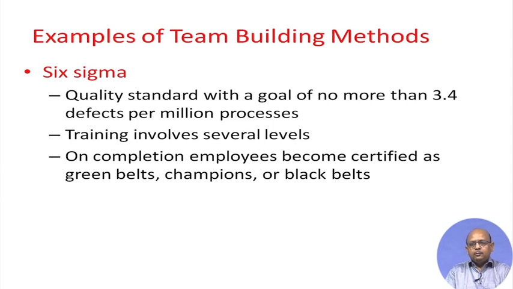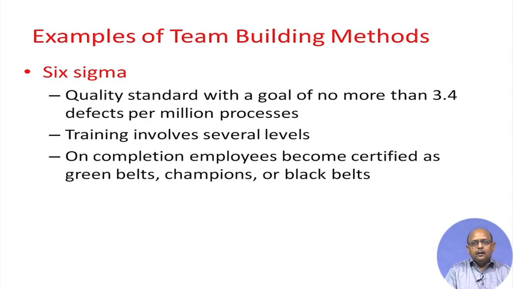As a team you have to see that everybody is involved in the process, otherwise if one person is not involved, he is going to make a mistake, and then you will not be able to achieve this standard of quality, right. And then you are given certificates that yes, you are Six Sigma certified, and you get belts like green belts, black belts and these kinds of things. But if you look at the application of team building, that is very important here. Why? Because unless you are able to work as a team, it is not possible at all to achieve these quality standards.